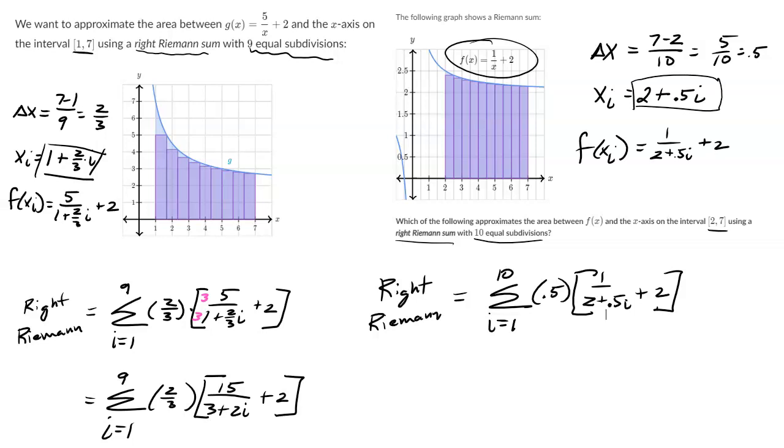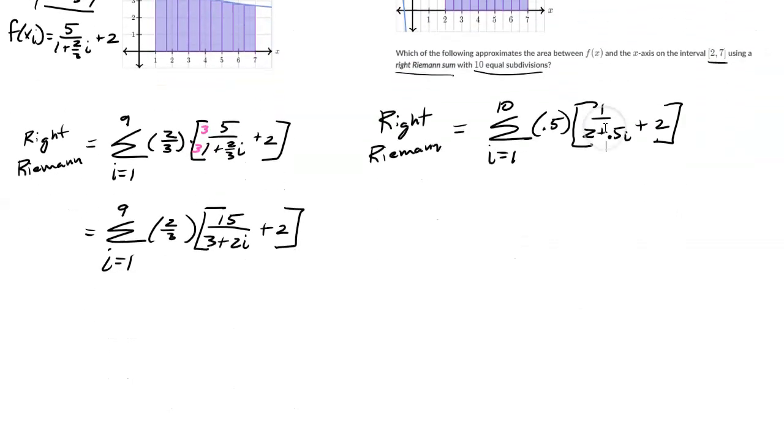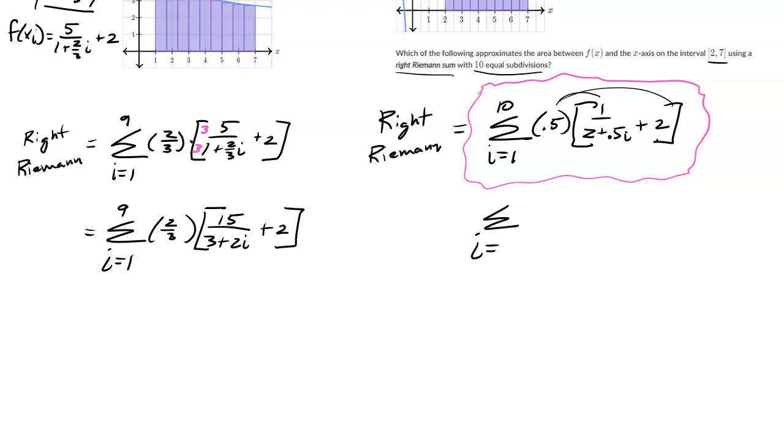Now I'm trying to remember this one. There's actually nothing wrong with this answer, but if I remember correctly, they cleaned it up for multiple choice, which they sometimes do. If I remember, they multiplied the 0.5 out. And you don't need to, I just want to show you how it was done.